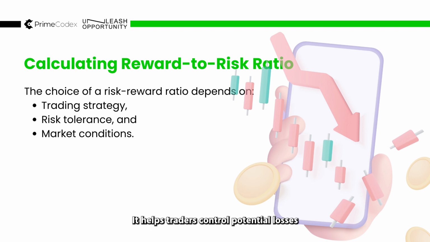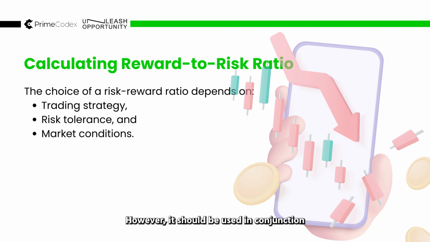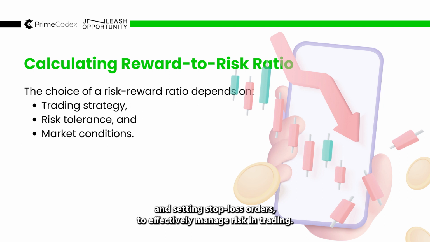It helps traders control potential losses and avoid overextending themselves on high-risk trades. However, it should be used in conjunction with other risk management techniques, such as proper position sizing and setting stop-loss orders to effectively manage risk in trading.